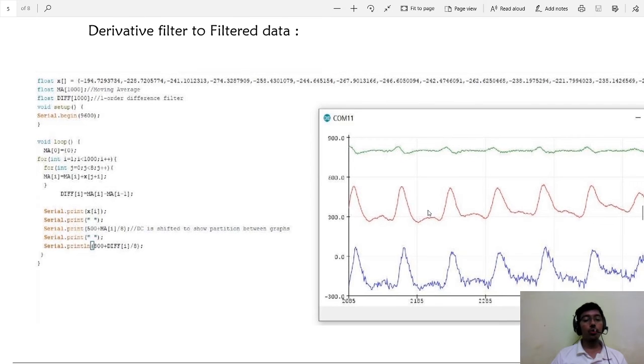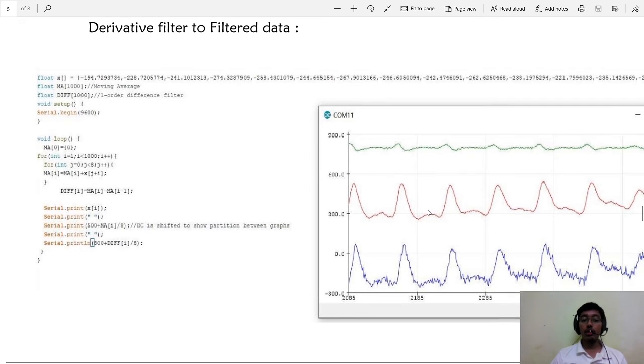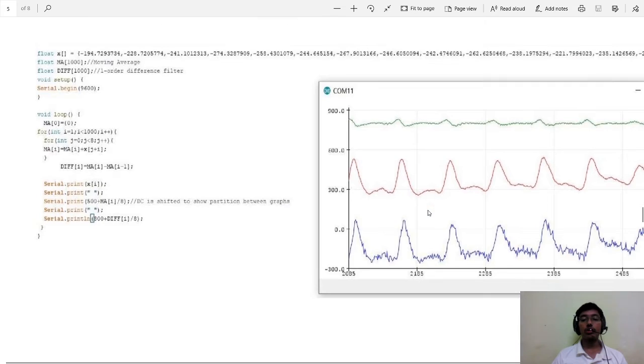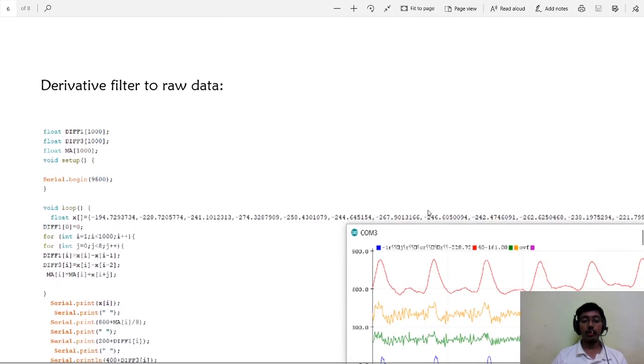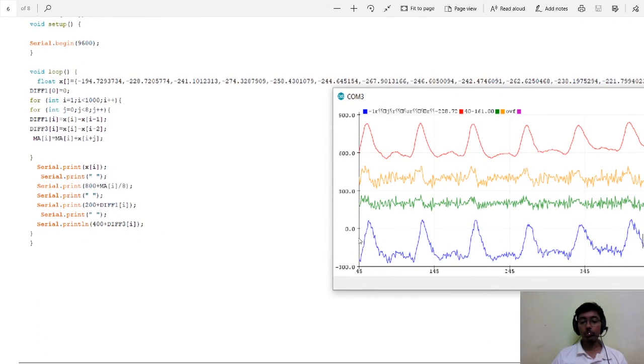Okay, now going to part B. If we apply this derivative filter to the raw data, and I have done it right here, this is the raw data, the green one is the first order derivative filter, the orange one is the 3-point central derivative filter, and the red one is the moving average filter. There's no need of this, but I have done it for information.